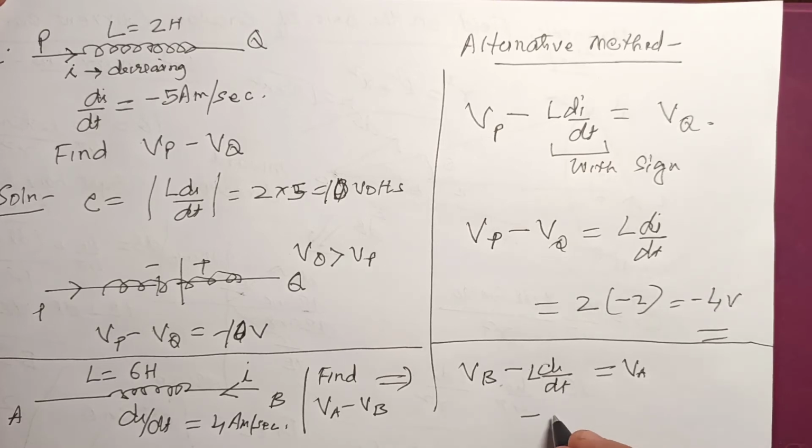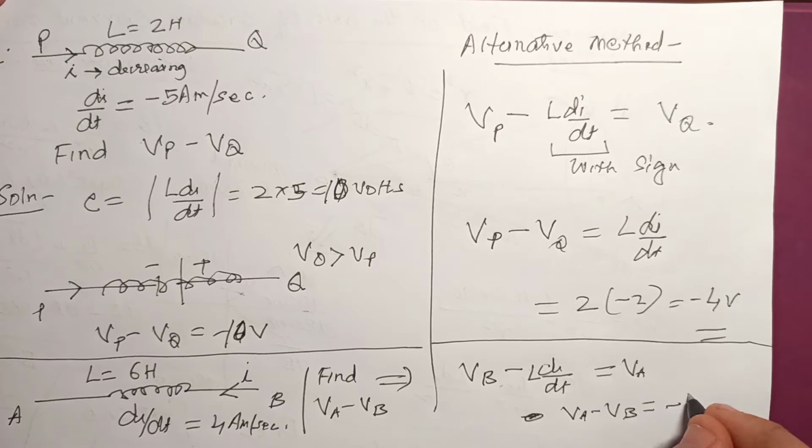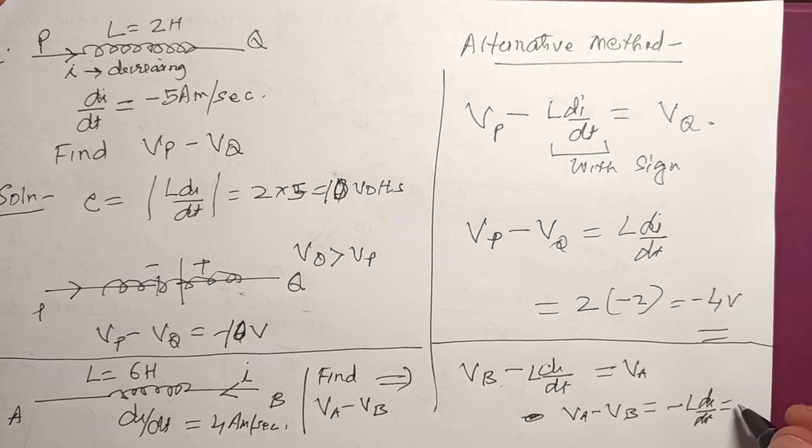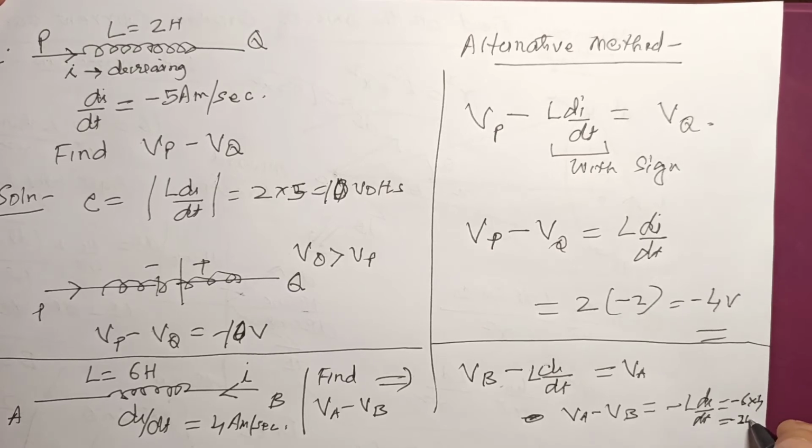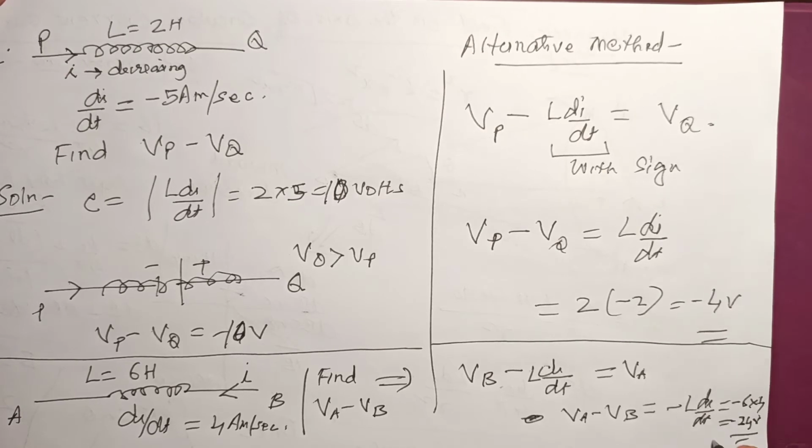I can say VA minus VB is equal to minus L di by dt, right? Now if I put the values, L is 6 Henry, minus 6 into 4, which is minus 24 volts is the answer.